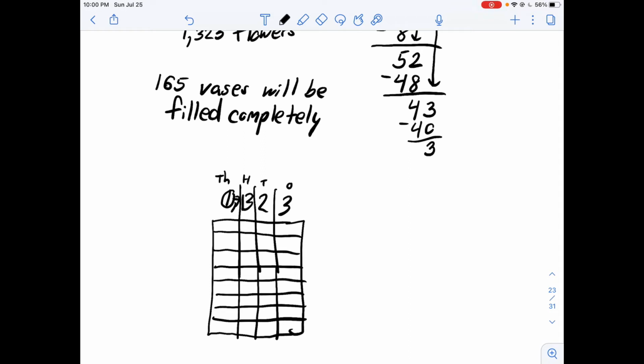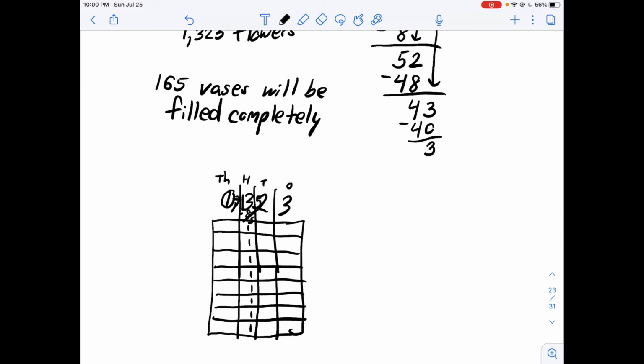If I have 13 and I have 8 equal groups, how much can go into each group? 1 into each group. Okay, I subtract 8, and I have 5 left over. That's 5 hundreds. 5 hundreds is the same as 50 tens.